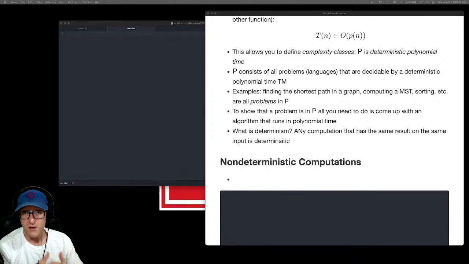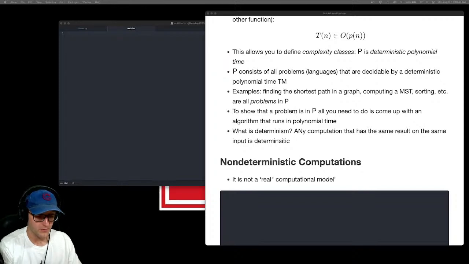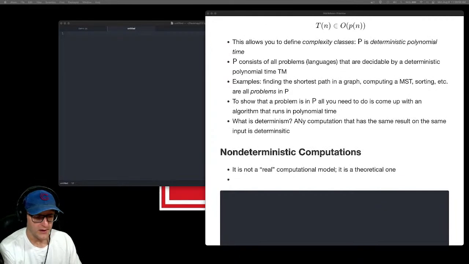It's not determinism. It's something completely different. It is not a real computational model. It is a theoretical one. No one can actually build something like this, but again, it turns out to be very useful when you want to compare complexity classes. Okay.